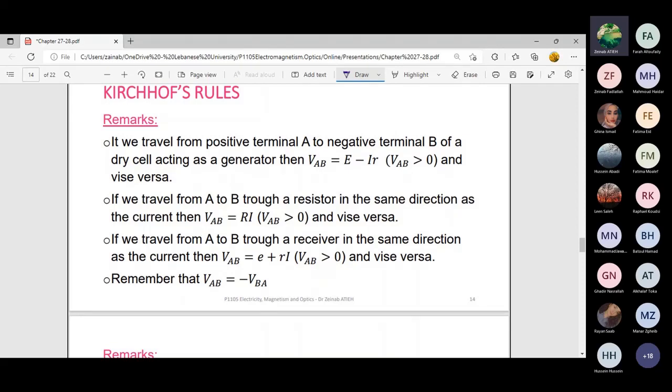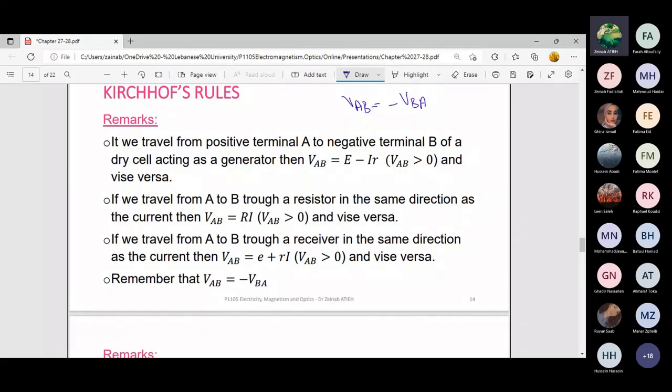If you are moving from the negative terminal to the positive terminal, on the contrary, you put a minus in front of it. It's simply minus E minus IR, because you all know VAB equals minus VBA. This is the first one. If you are calculating the voltage of a resistor and you are counting the voltage along the direction of the current for a resistor, then it's RI.